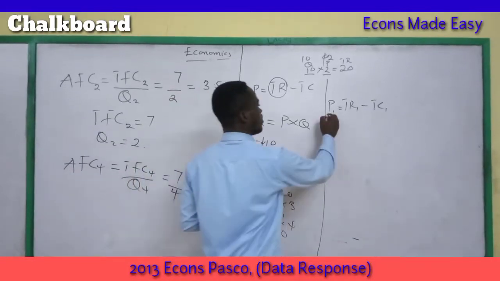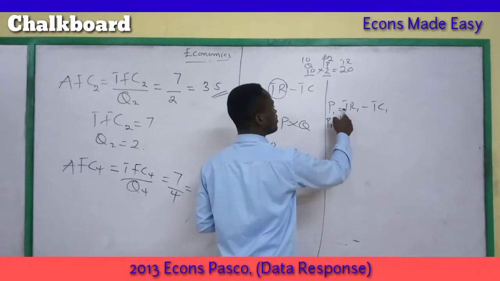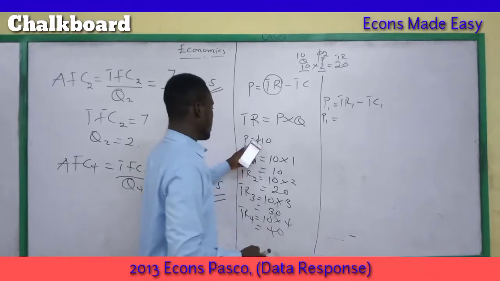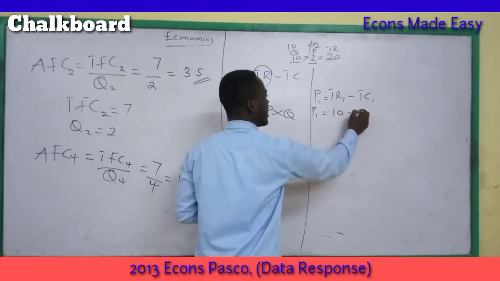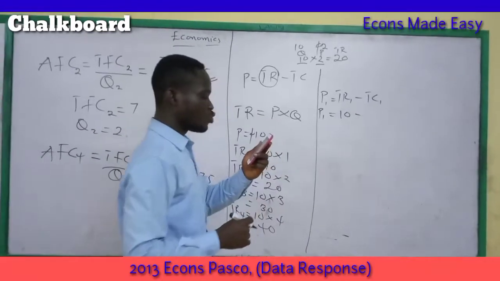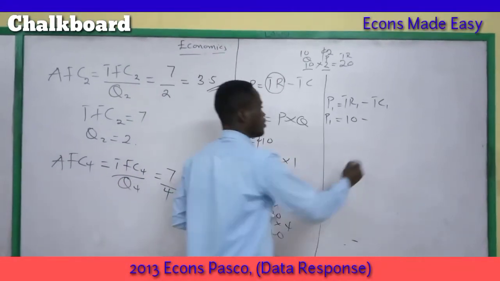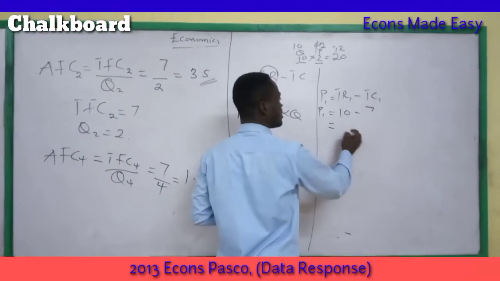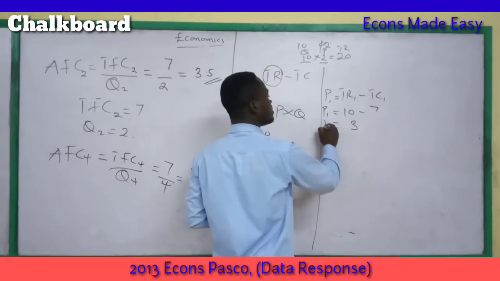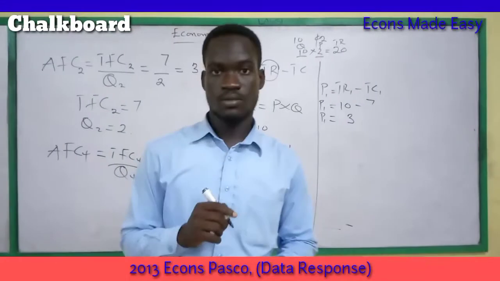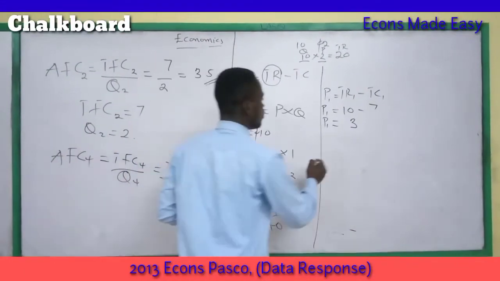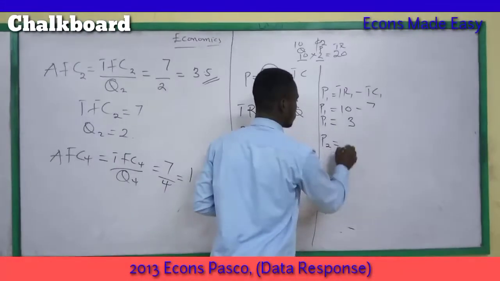And so what is our total revenue of output 1? It is here, it's 10. So we are getting 10 minus, what is our total cost for output 1? It's equal to 7. So the answer is 3. Which means our profit for output 1 is equal to what? 3.